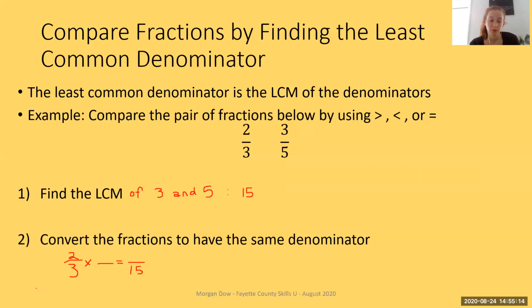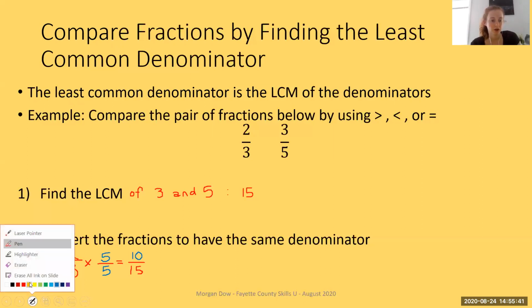What number do we multiply by? Well, we multiply by whatever we have to in order to get 15. So 3 times what is 15? 3 times 5. And I just do exactly the same thing on top. So 2 times 5 is 10. So 2/3, 2 out of 3, is equivalent to 10 out of 15.